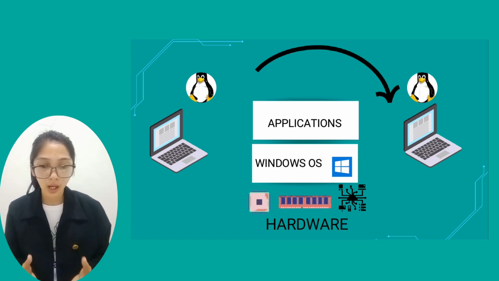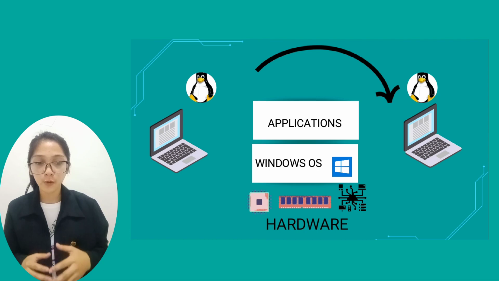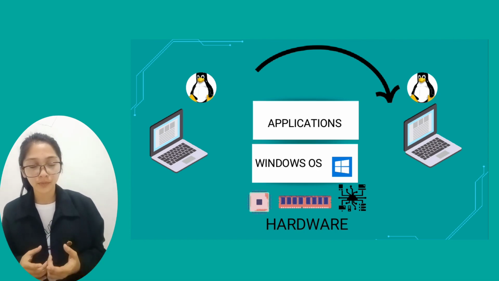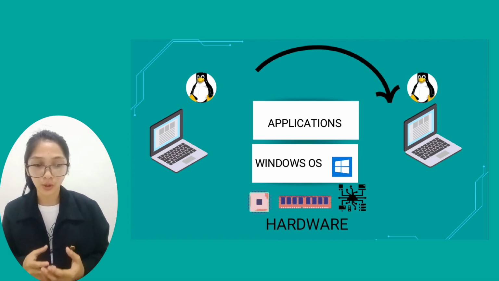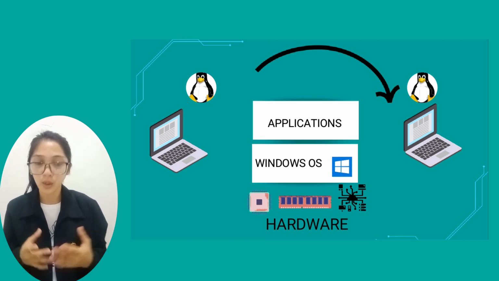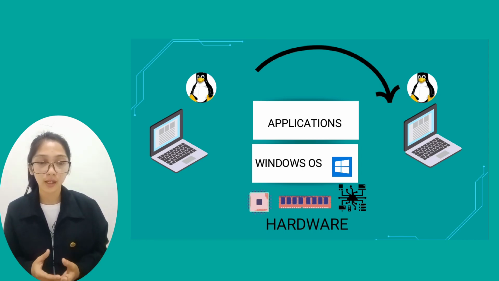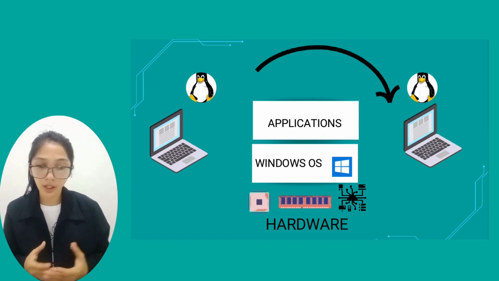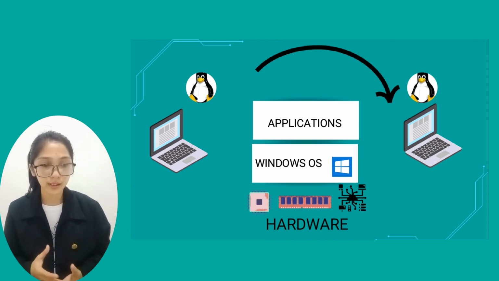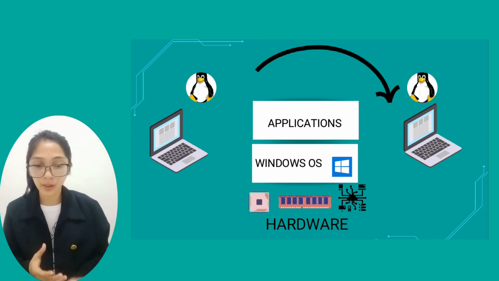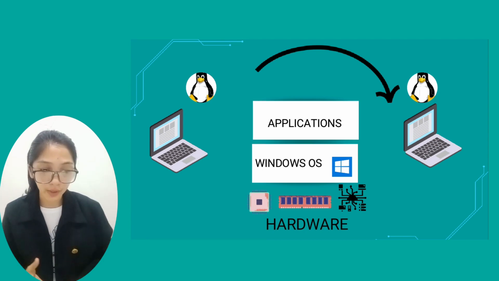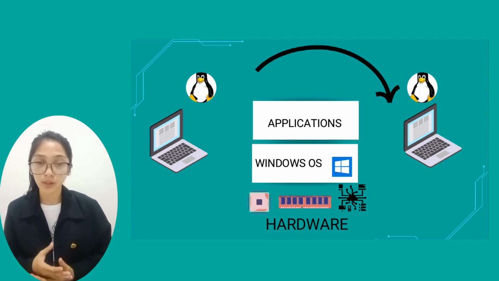Now what if you wanted to use Linux instead, maybe for your work, or maybe you just want to learn a new operating system? You would need a machine with hardware resources and the Linux operating system on top of that, and then you could run applications on that Linux operating system. Basically, you would need another computer, another laptop, where you would install the Linux operating system.